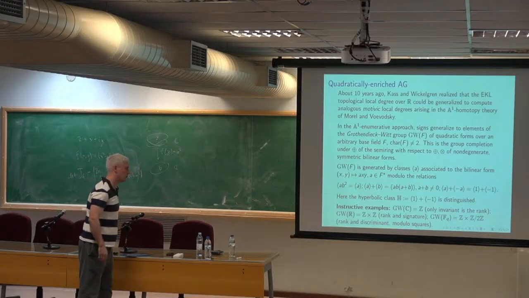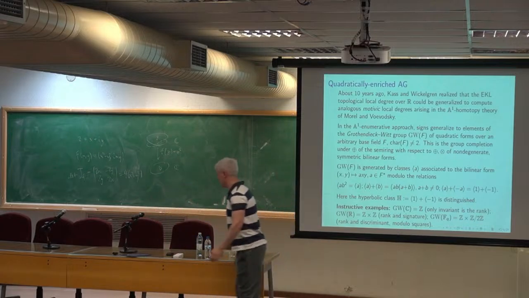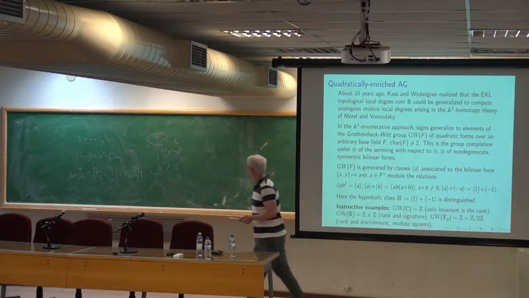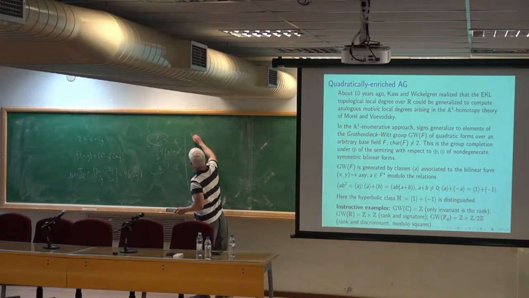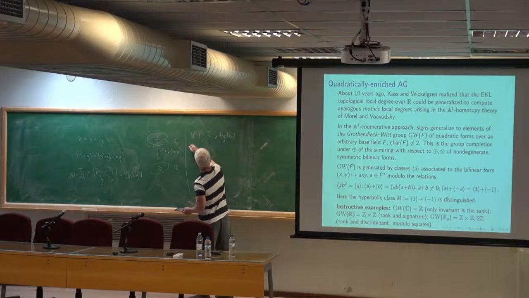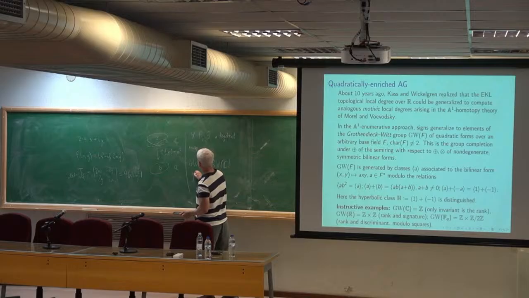One point that's probably obvious from what I've just said, but that I want to emphasize, is that for every field F, we have a forgetful map from the Grothendieck-Witt group of F to the Grothendieck-Witt group of C given by the rank of the quadratic form.